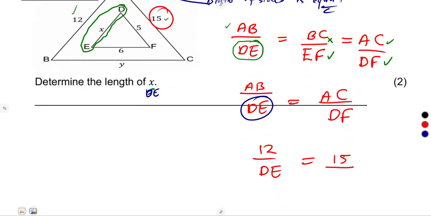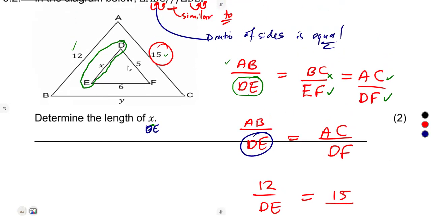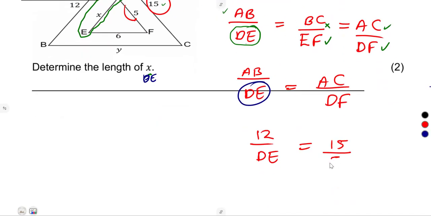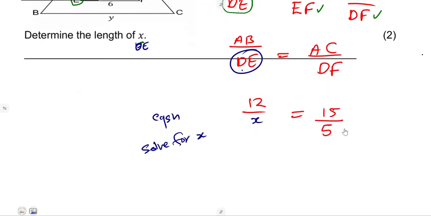Remember, from D to F, we are also given that from our diagram, which is 5. So we have formed an equation. Solve for DE. It's an equation now where you must solve for DE, which represents X. So in place of DE, let's put X there and solve for X, just like that.